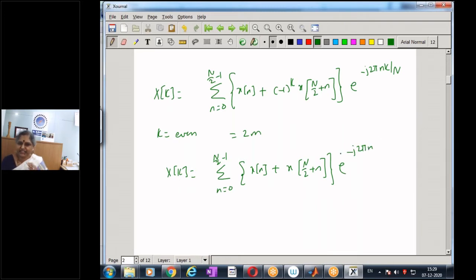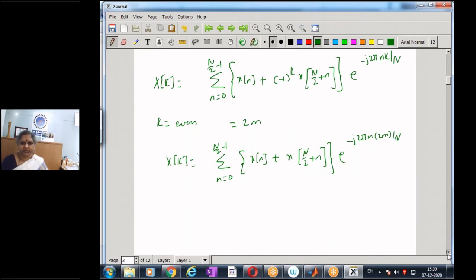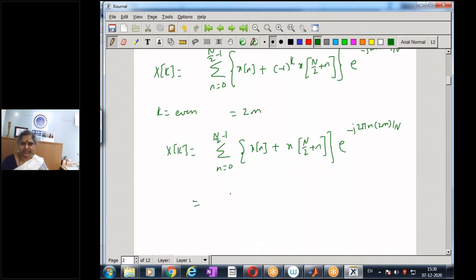What is k? k is 2m, over N, which I can once again write as sigma n equal to 0 to N by 2 minus 1, x of n plus x of N by 2 plus n, and e to the power of minus j 2 pi n k by N by 2.